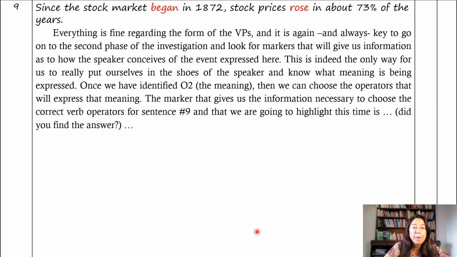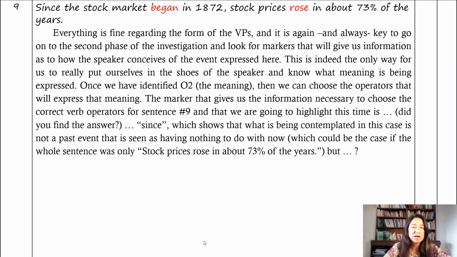And so this time we again need to look at markers. What markers can we find in this sentence to help us see the meaning that is expressed and see if it is okay to express that meaning with the past tense? So the marker this time, can you see it? The marker is "since".